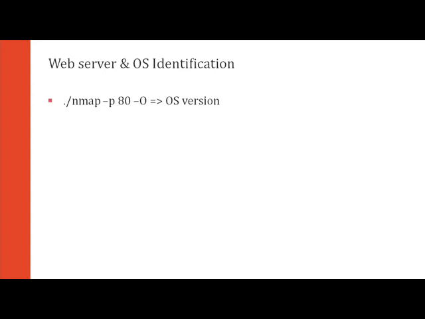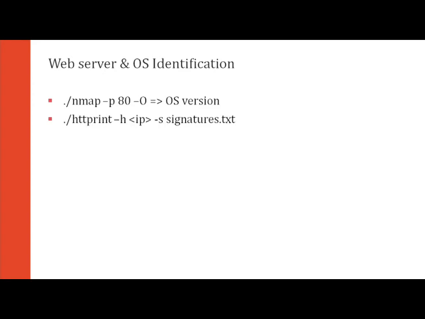Here, you can use Nmap with the ports, in this case 80, 443, 8080, those ports related to web servers, and you need to try to find those specific hosts, and with the -O in Nmap, it's going to try to find the OS version, which is really helpful, and it has specific signatures in order to identify those different OS versions. That's pretty useful too, because sometimes you can have an Apache web server, but that doesn't mean it's running on Linux. It can be running on Windows too, or Mac OS X.